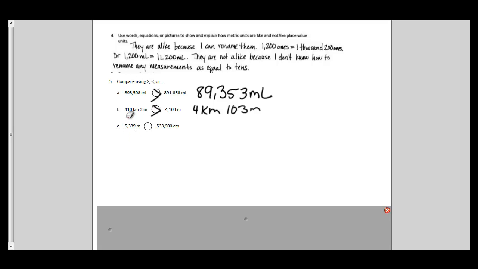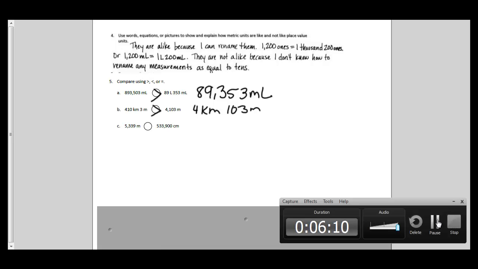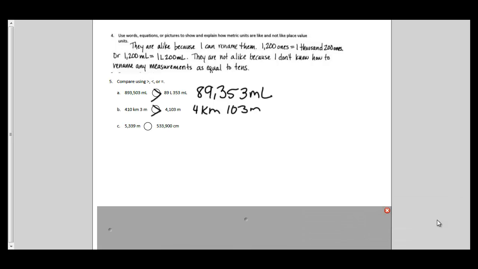All right, so now this is meters and this is centimeters. So let's change this to meters. Okay, try to do C by yourself and see what you come up with. And then come back and see if your answer is the same as mine. Okay, so I've got meters and centimeters, so I can either change this to centimeters or I can change this to meters and centimeters.